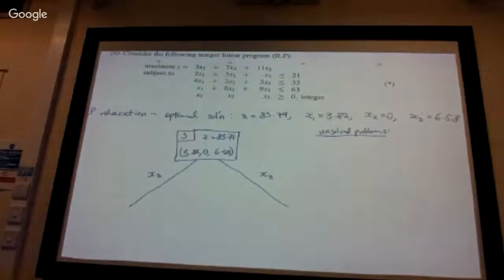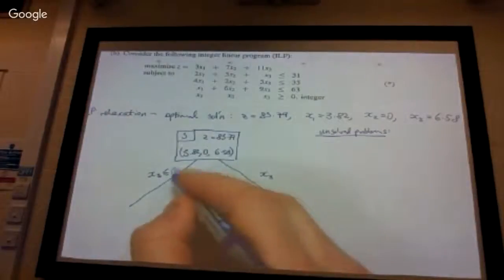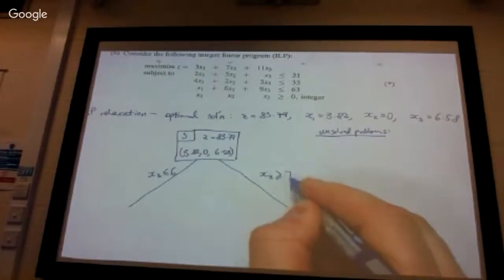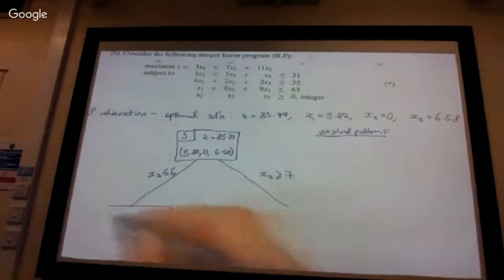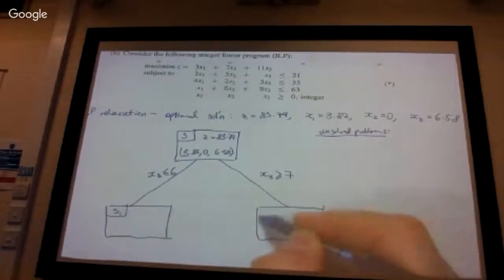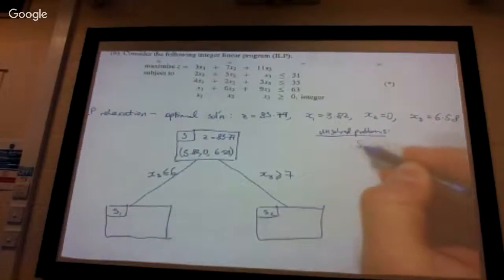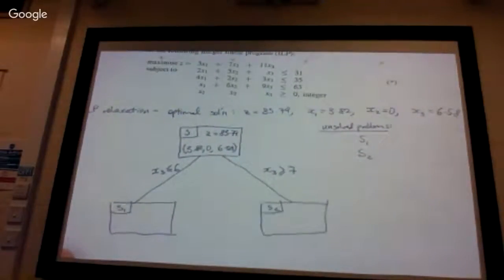X3 should be less than or equal to 6 or greater than or equal to 7. Exactly. So that creates problems, I'll call them S1, S2. So now I have unsolved problems S1 and S2. Now I pick one of them and solve it.